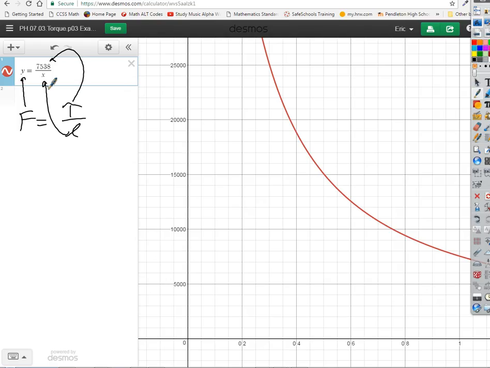Well, this is what happens. If I make my tire have a radius of 0.8 meters, that's a pretty big tire. That's a huge tire. It'd be 1.5 meters across. The force I can apply is only 9,422.5 newtons.